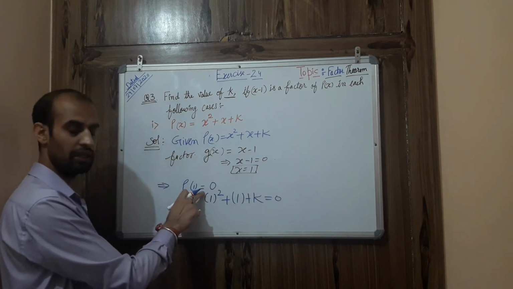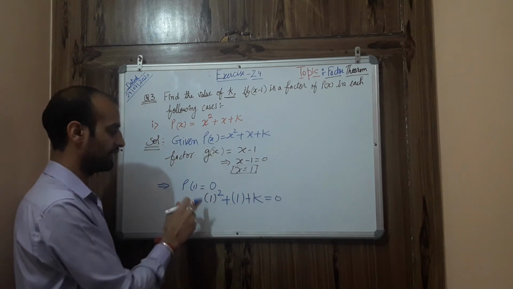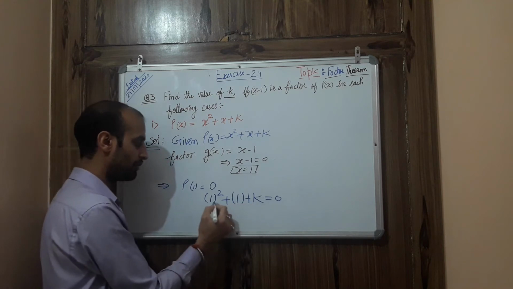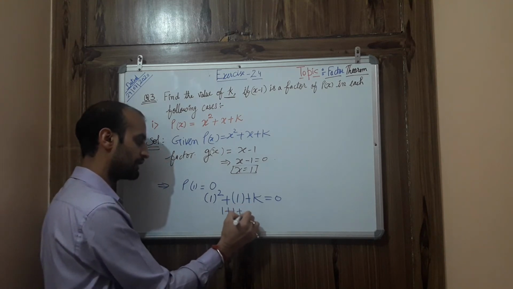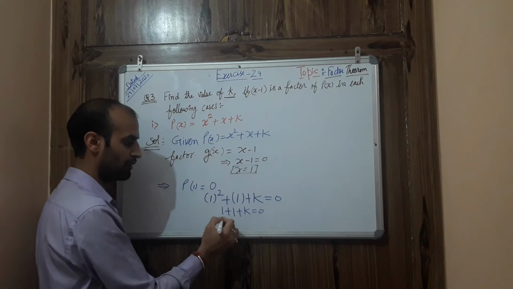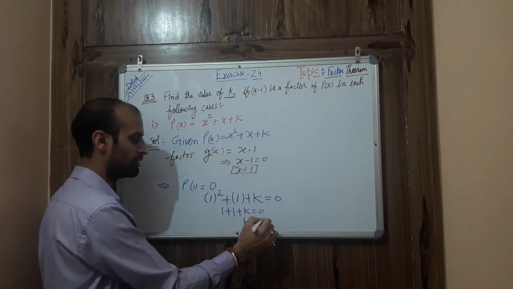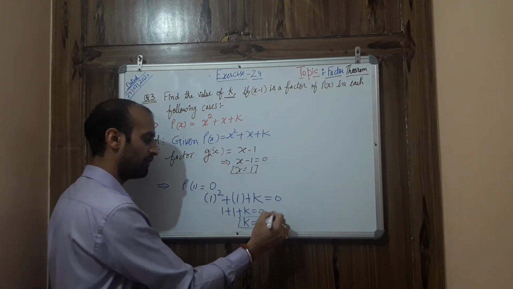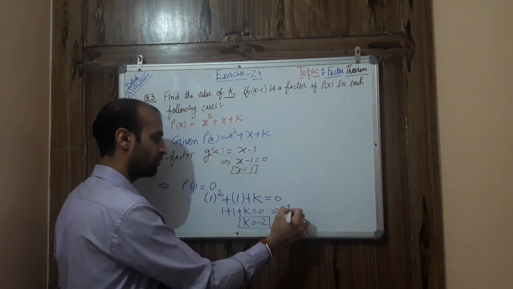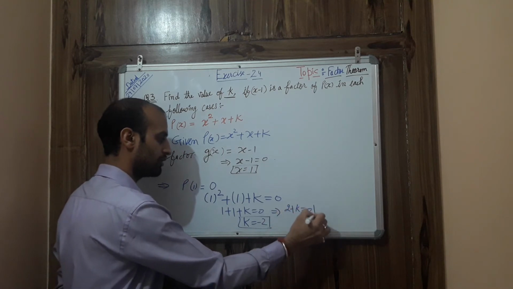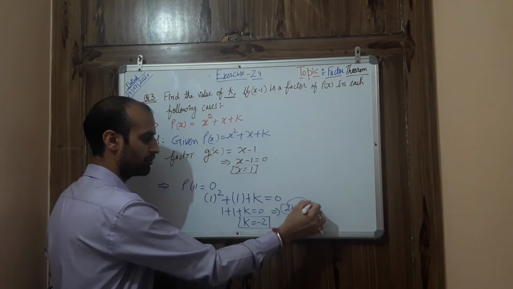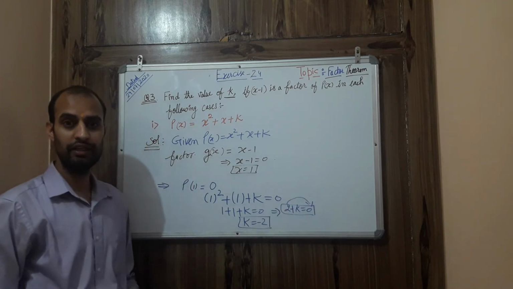So it becomes 1 plus 1 plus k equals 0. 1 plus 1 is 2, so 2 plus k equals 0, and shifting this to the other side, you will get k equal to minus 2.